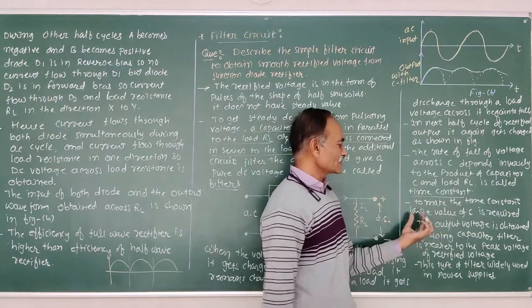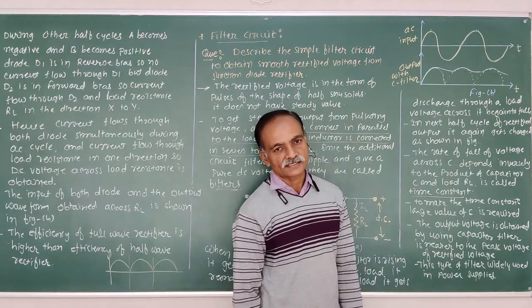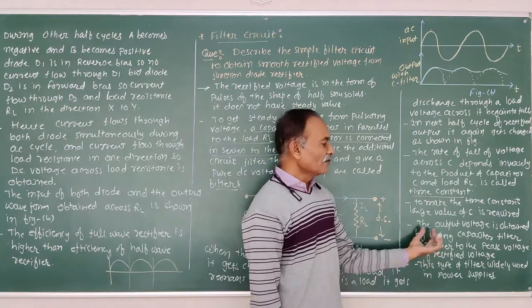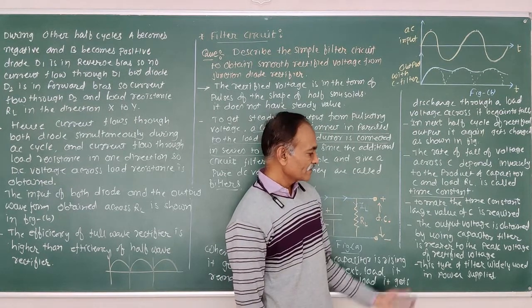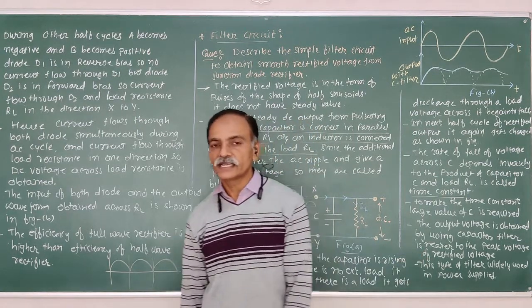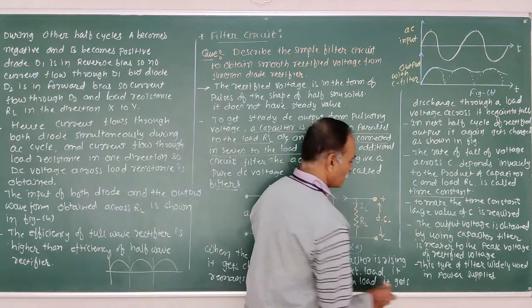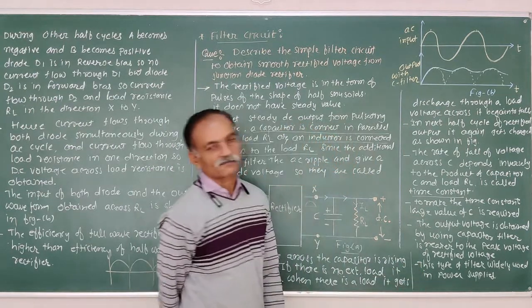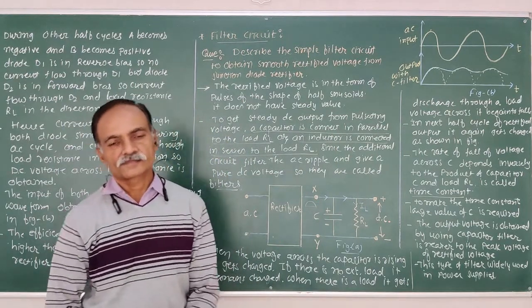To make the time constant large, the value of C is required to be large. The output voltage obtained by using the capacitor filter is near the peak voltage of the rectified voltage. So this type of filter is widely used in power supplies.